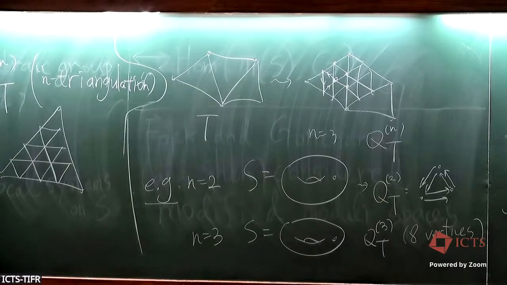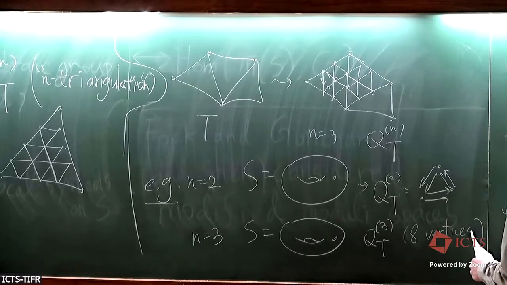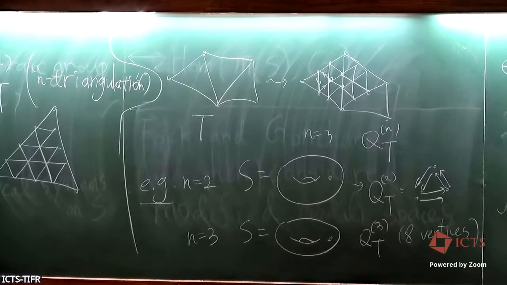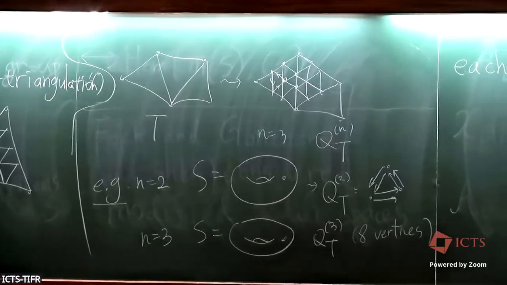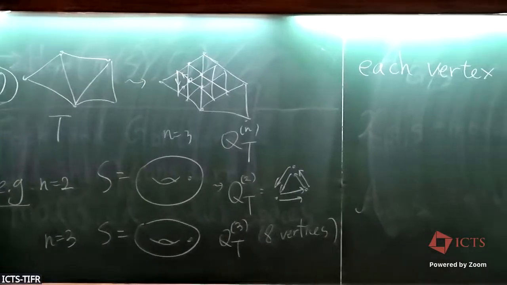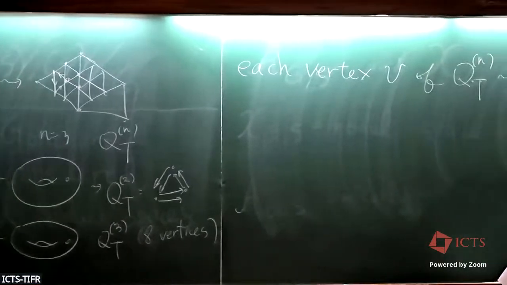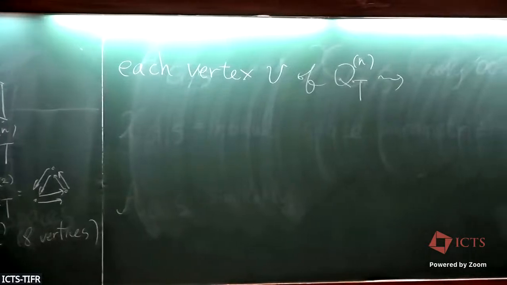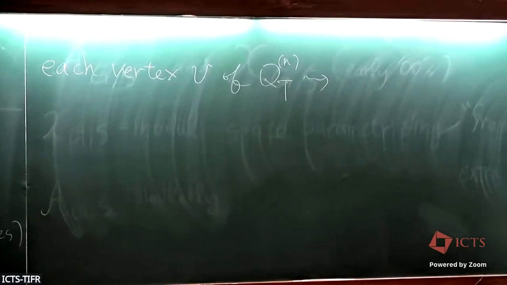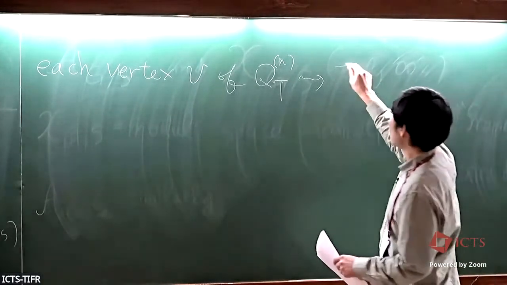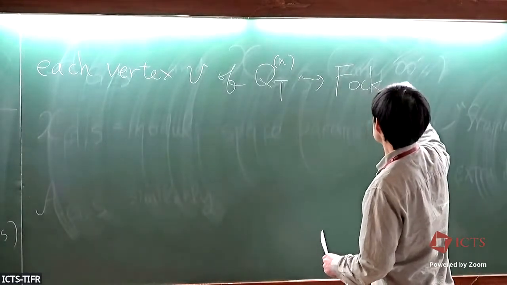And then what Fock and Goncharov did is that for each vertex, let's say little v of this quiver, they constructed some coordinate functions on the moduli spaces.